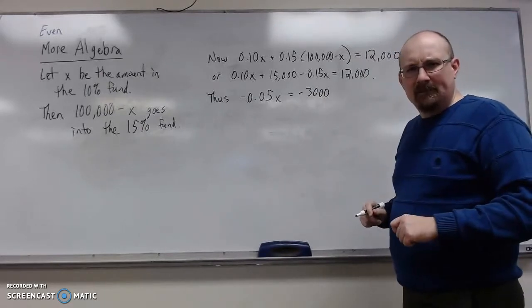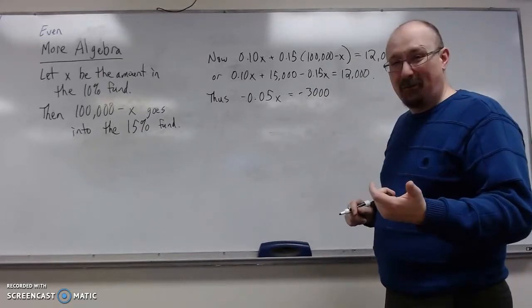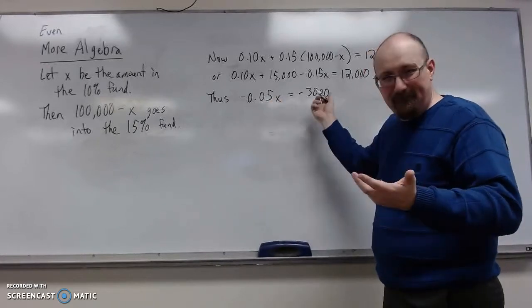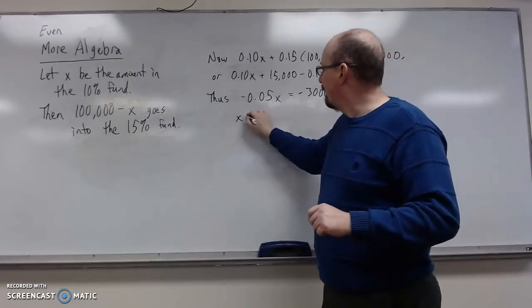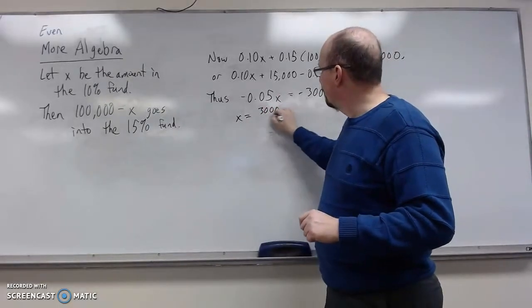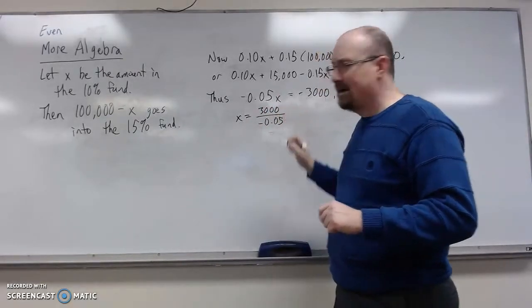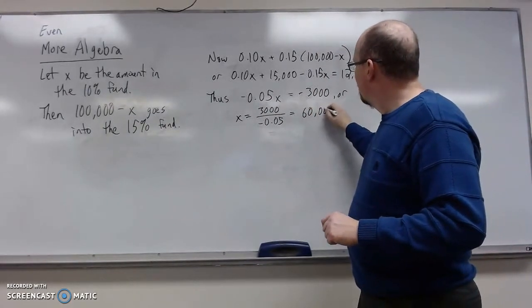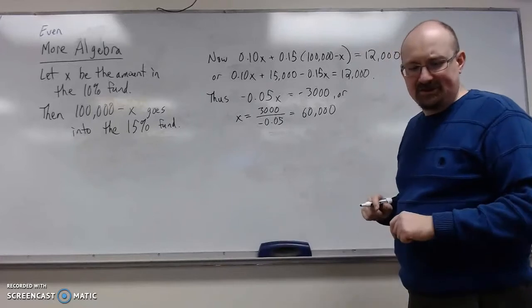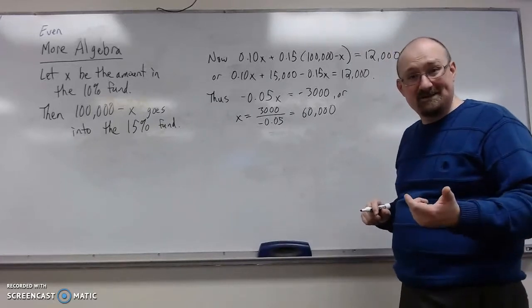So negative 0.05x equals negative 3,000, and now to get x by itself, I divide both sides by that coefficient. So x equals 3,000 divided by negative 0.05, and if I'm playing the cards right, x should be 60,000 in this case.